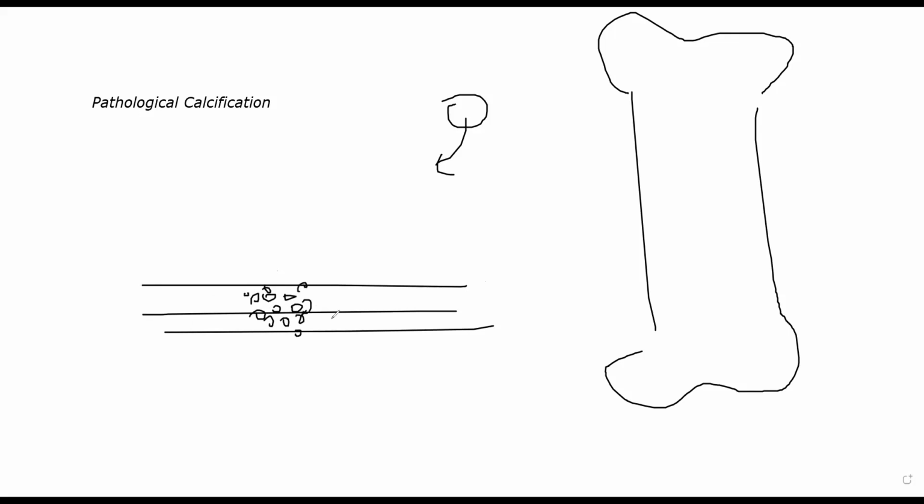This is stemming from a cardiovascular problem, which is atherosclerosis, because there is a plaque being formed यहाँ पर. We'll discuss what a plaque is later on, but for now let's call it a blockage which is hindering blood flow.